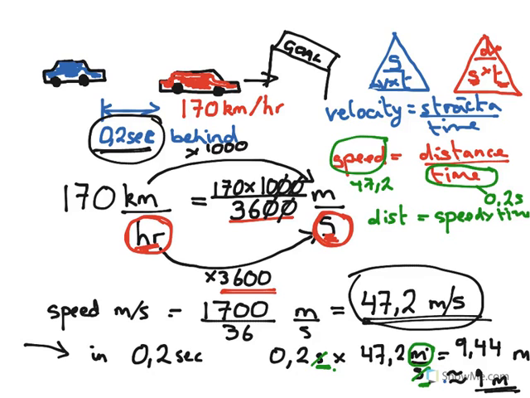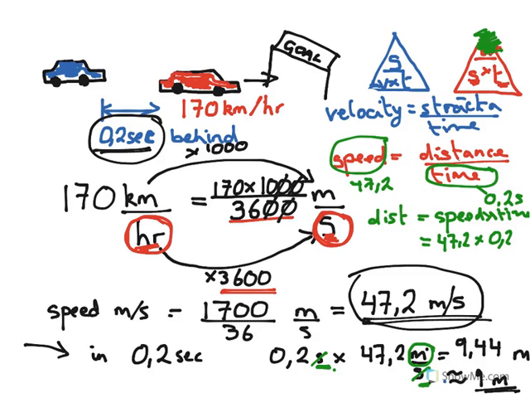To get the distance, the top number, we just cover over the d with our thumb and look at what's left in the triangle. What's left in the triangle is speed times time. So the distance is the speed times the time. And then we can just plug the numbers in that we have there. The speed we knew was 47.2 meters per second, and the time was 0.2 seconds.